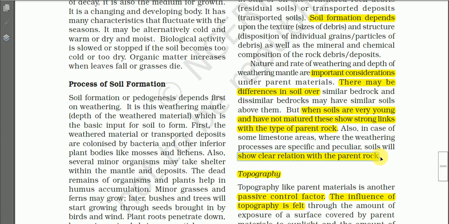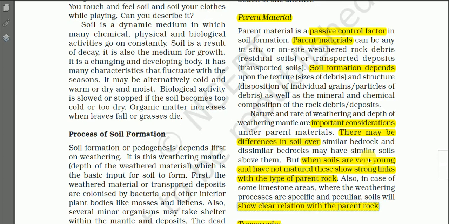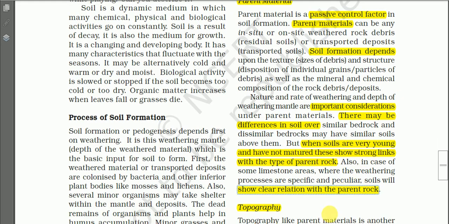In a limestone area, the main weathering process is solution, and that is why there is a very close relationship between the parent rock, that is limestone, and the nature of the soil. In this way, parent rocks determine the nature of these soils.